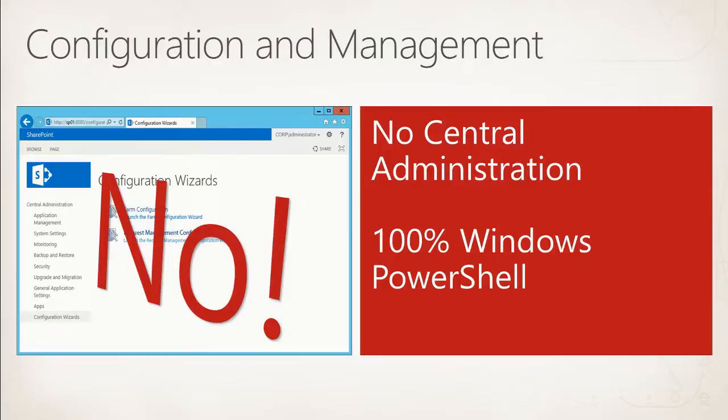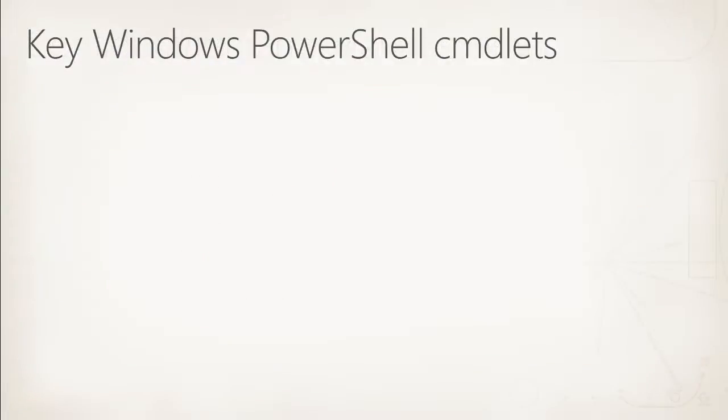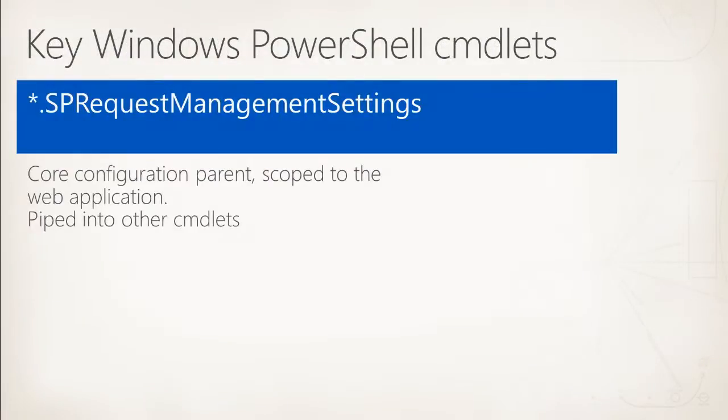So I've got a few slides here, and I don't want to spend too long on them, otherwise we'll run out of time for the demo. They're really more for your reading pleasure later on when you can't sleep or whatever. Just to point out the key commandlets that we're going to be using. So the first one, the top level configuration object, is all of the commandlets star.sp request management settings.